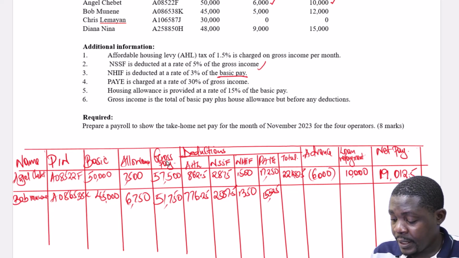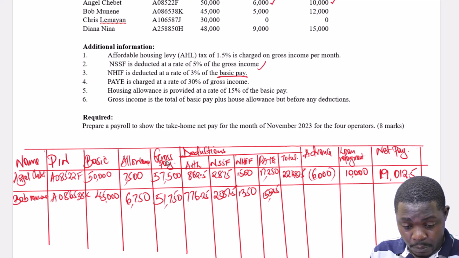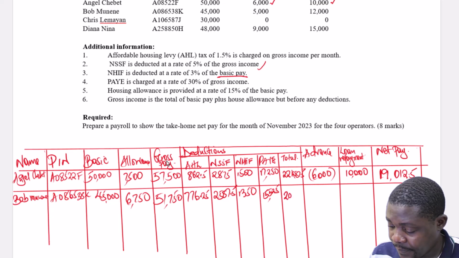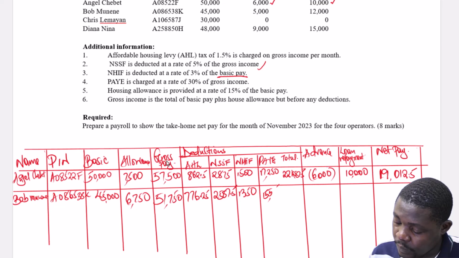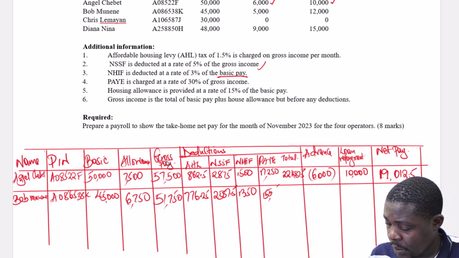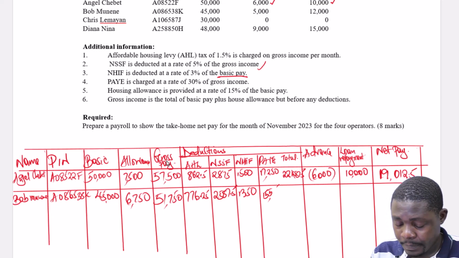He is paying 15,525. Then the total, we can find this plus 1,350 plus 2,587.5 plus 776.25. Sorry.